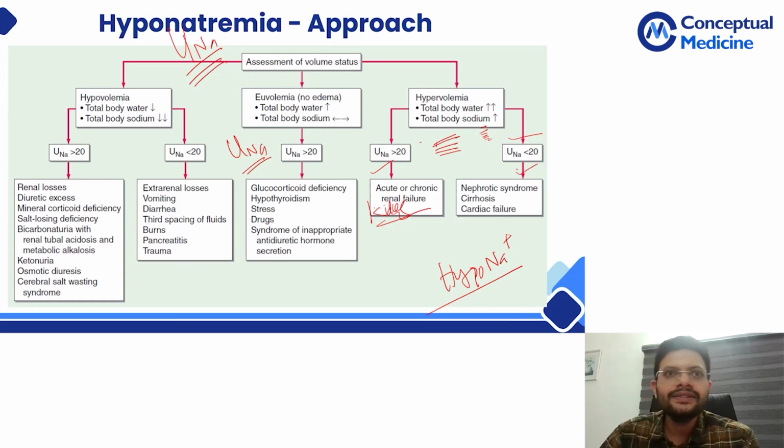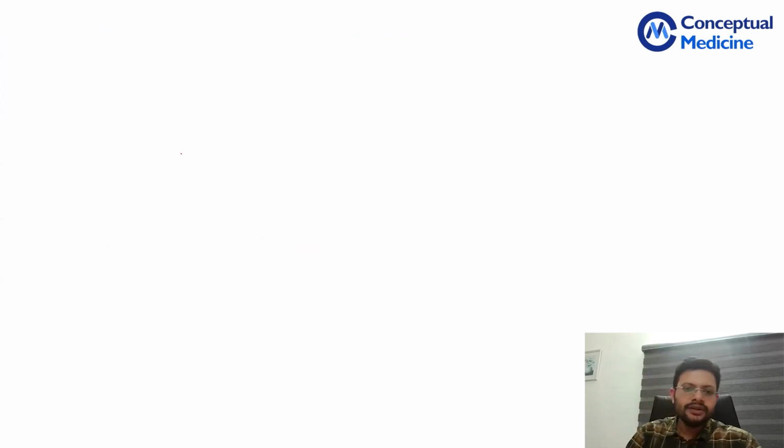You're going to give furosemide, some form of diuretic, so that the patient loses this excess water. You treat the heart failure so that the dilutional hyponatremia becomes okay.